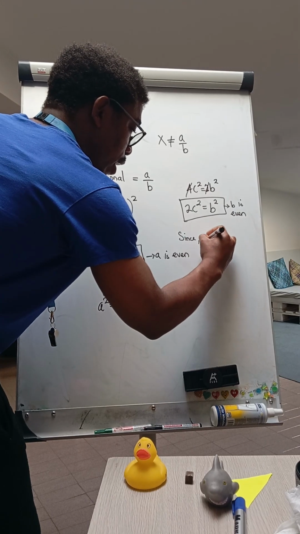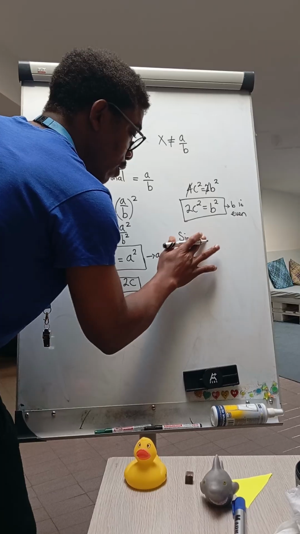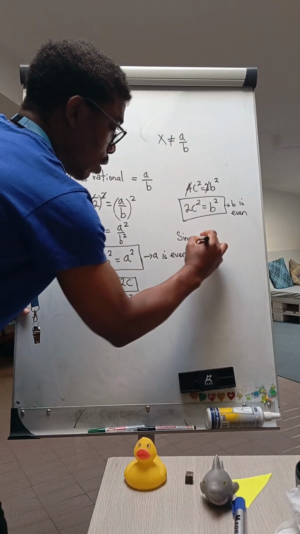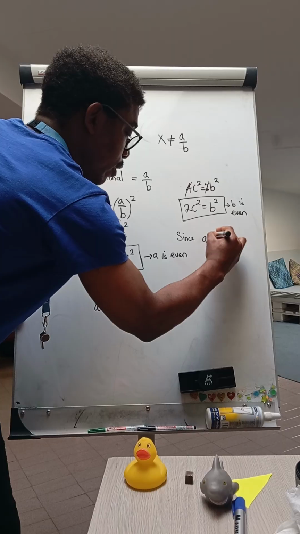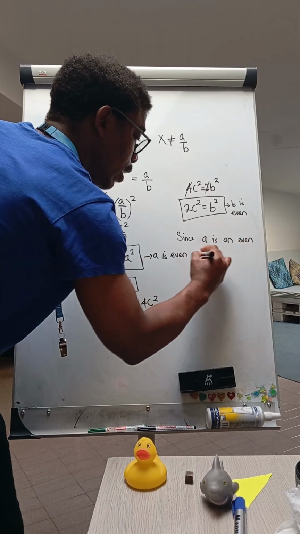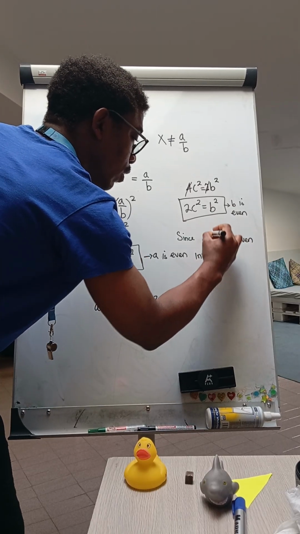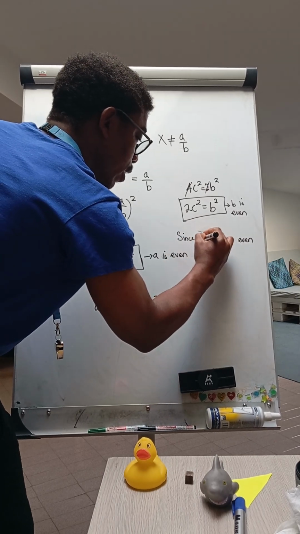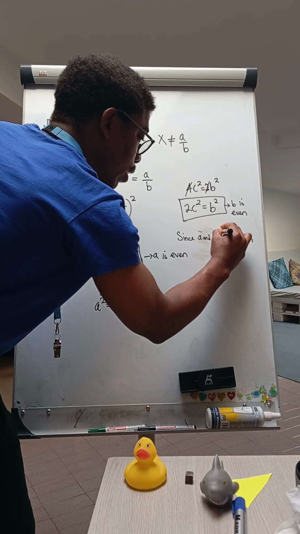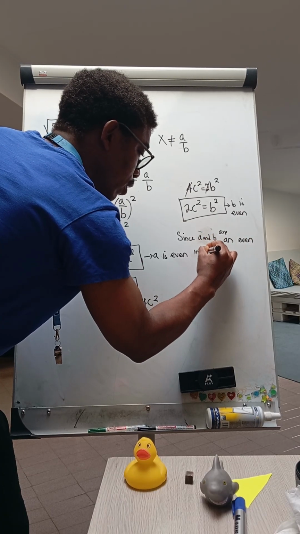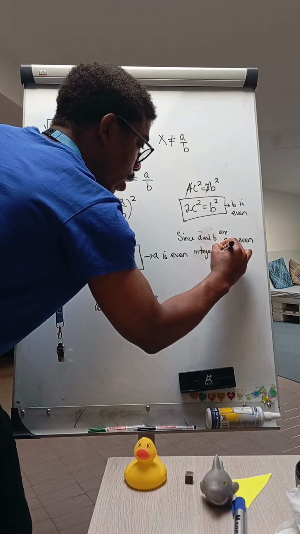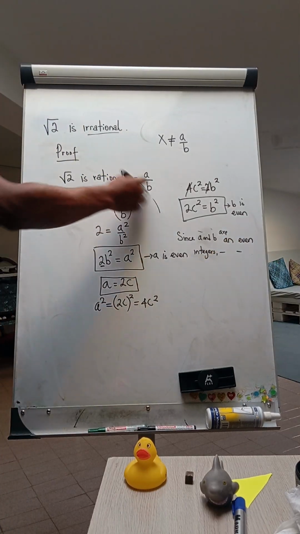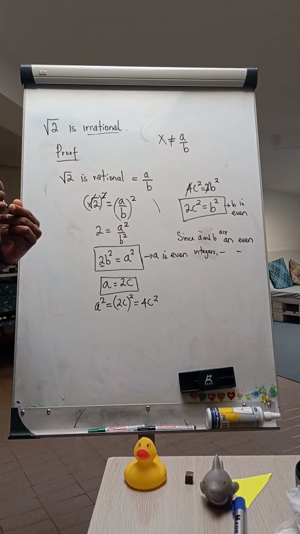Since a and b are even integers, this contradicts our assumption, hence the square root of 2 must be irrational. And that's the end of our proof.